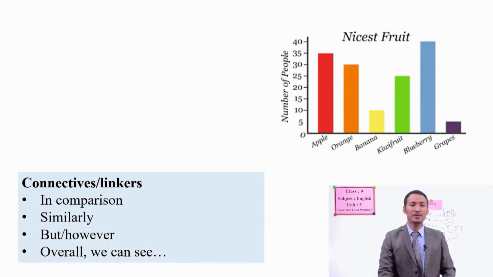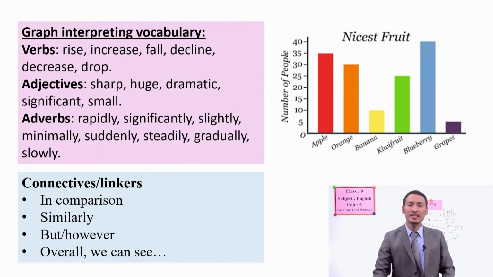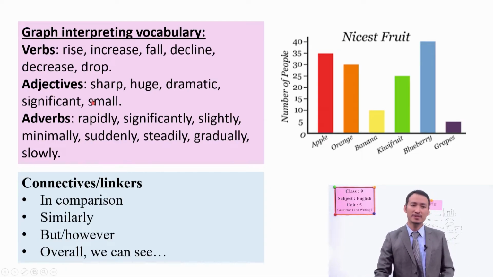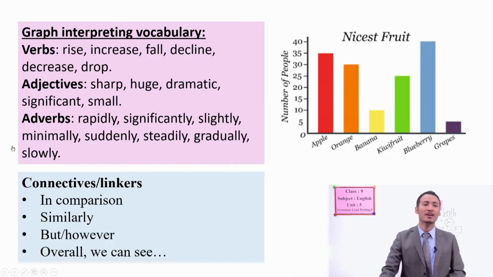Now one more thing you have to learn is to use vocabulary like rise or increase, decrease, fall, decline, drop as verbs. Adjectives can be sharp, huge, dramatic, significant, small difference, huge difference, dramatic difference. And adverbs you can say rapid change, significant change, slight change, minimally, suddenly, steadily, and so on.